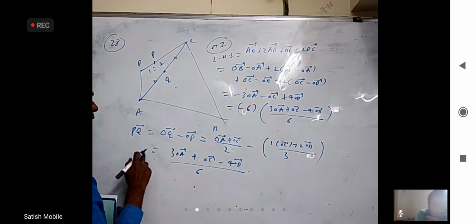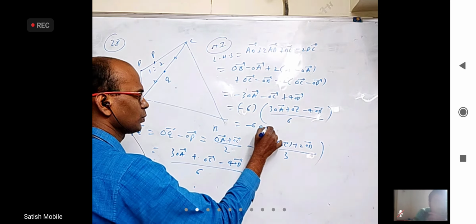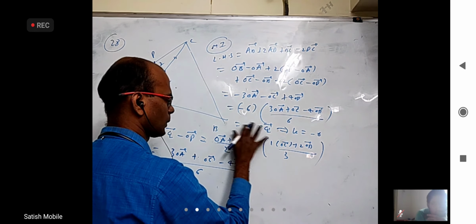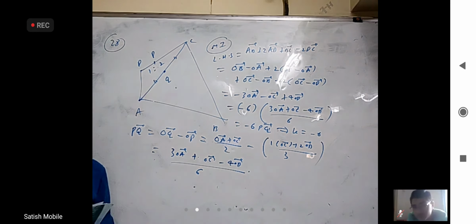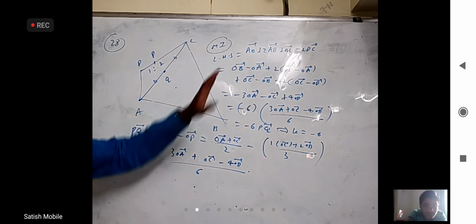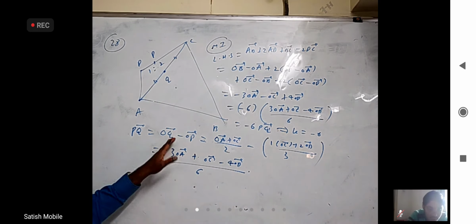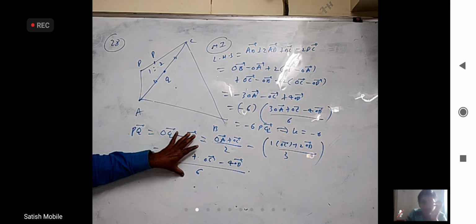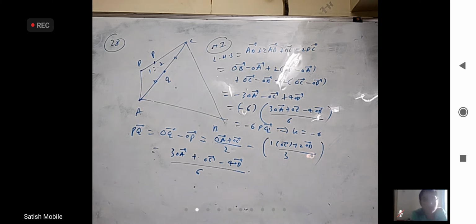And which is PQ bar? So minus 6 PQ bar, which implies that K value is minus 6. So you can see we are not doing anything great in vectors here, no? We just spread LHS fully, RHS also just section formula and equate it. That's it. If somebody wants, you can write this part first and this part later also. Anything is okay.